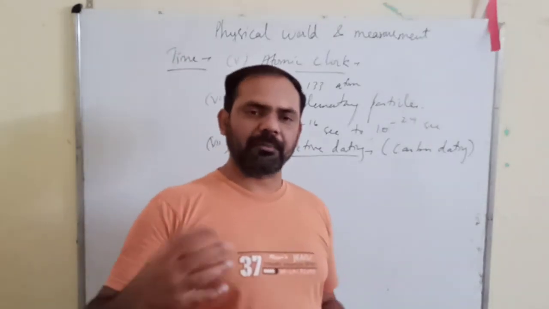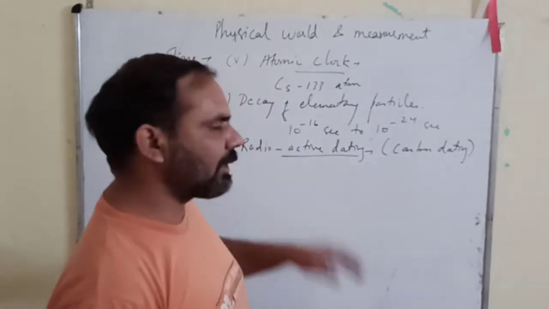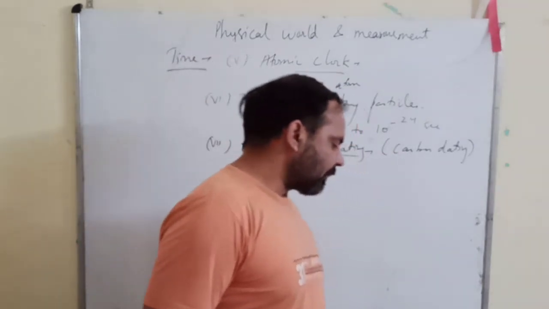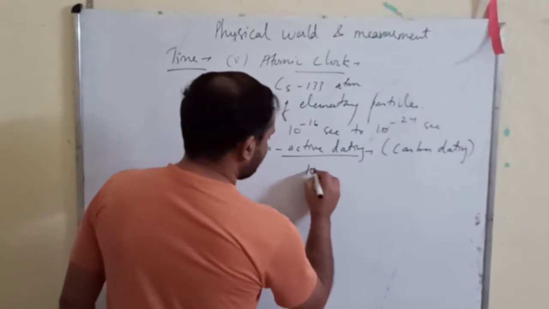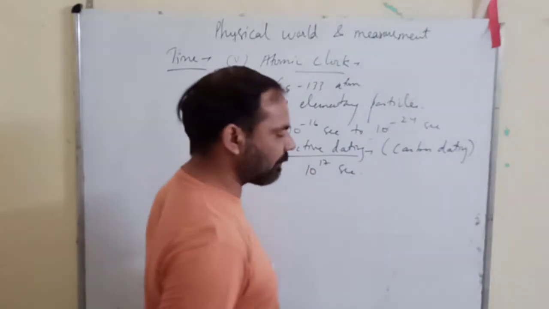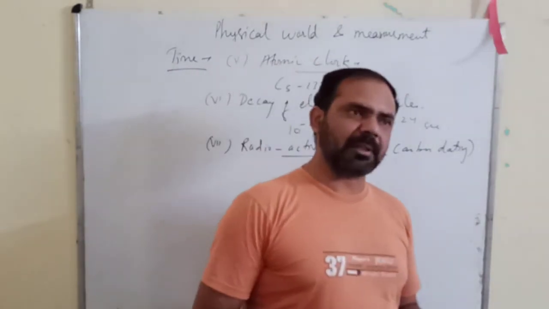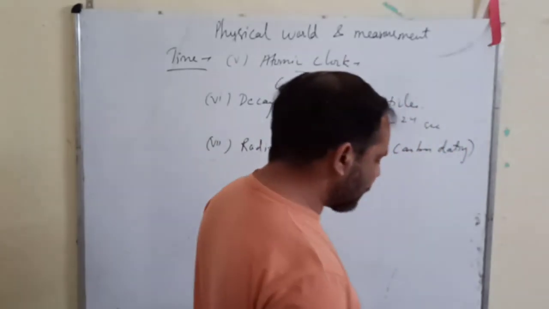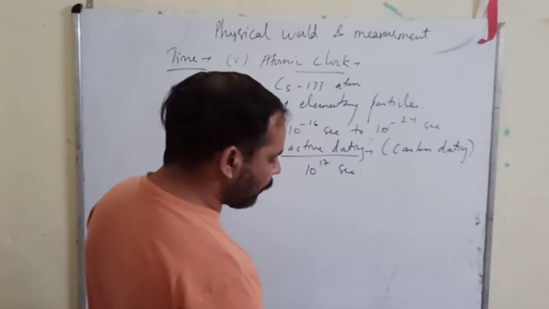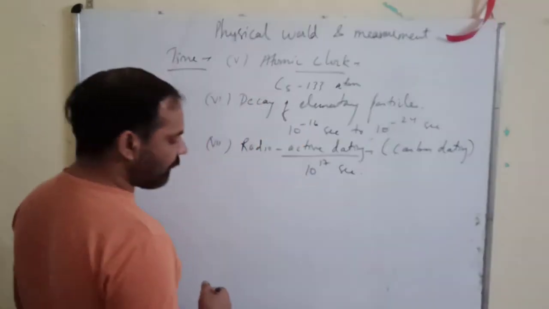A large interval of time is measured with the help of this radioactive dating. With the help of this method, we can measure long time intervals like 10 raised to the power 17 seconds. It is based on the ratio of radioactive isotope atoms to the non-radioactive form.